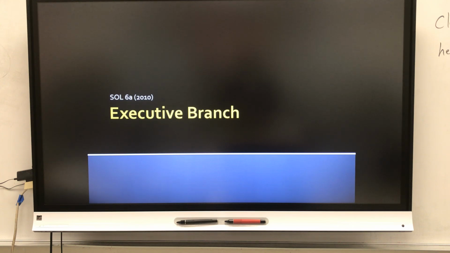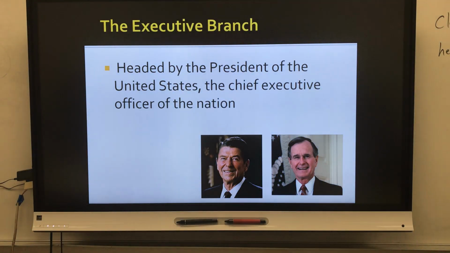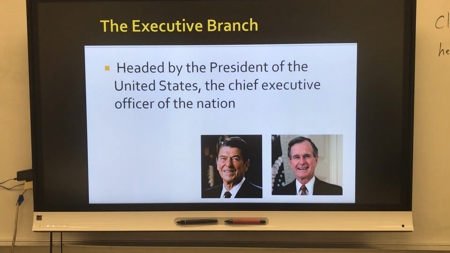The one key thing that will change, though, will be the structure of each branch at each level. And we said there's three branches and there's three levels, and we'll get into the levels as we get into SOLs 7 and 8.